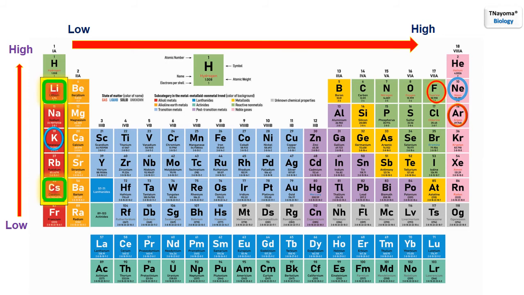But fluorine has 9 electrons and it tends to gain 1 electron rather than give one away. So it is difficult to remove an electron from fluorine rather than cesium.